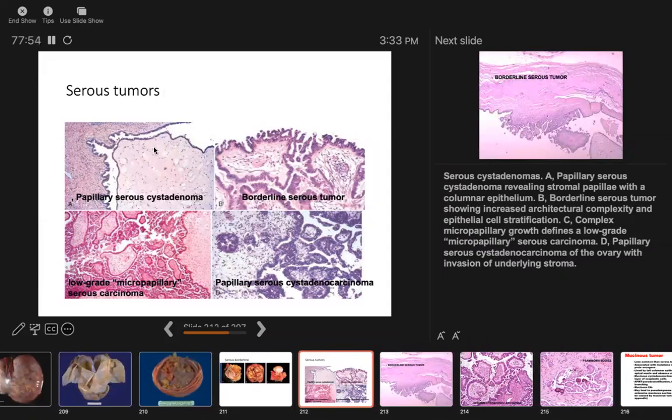If it is benign, it is a single-layer lining, columnar. If it is exhibiting a more complex glandular pattern, that is your borderline. If you see a complex glandular pattern with stromal invasion, then that is cystadenocarcinoma. So I hope you get the difference of the three.